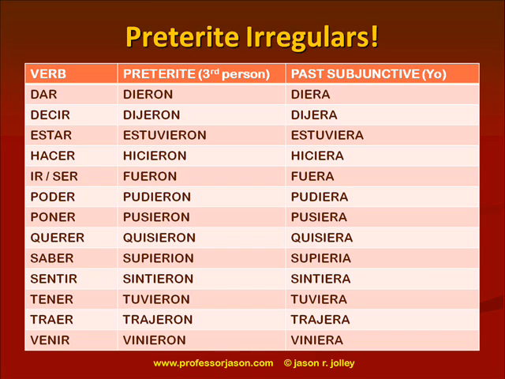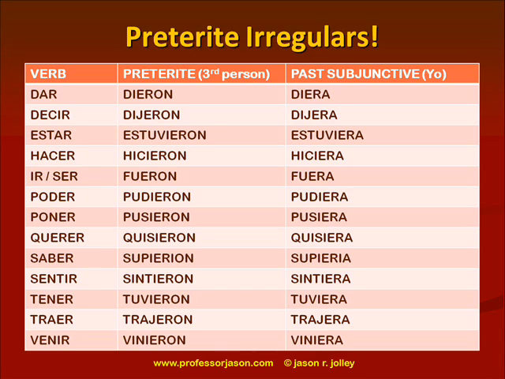So on this slide, what I'm showing are third person plural conjugations in the preterite tense of some very common verbs, and then just as an example, what the past subjunctive would be of that same verb in the yo position, in the first person singular position, yo. So for example, dar in the third person plural of the preterite is dieron. That would be diera in the past subjunctive.